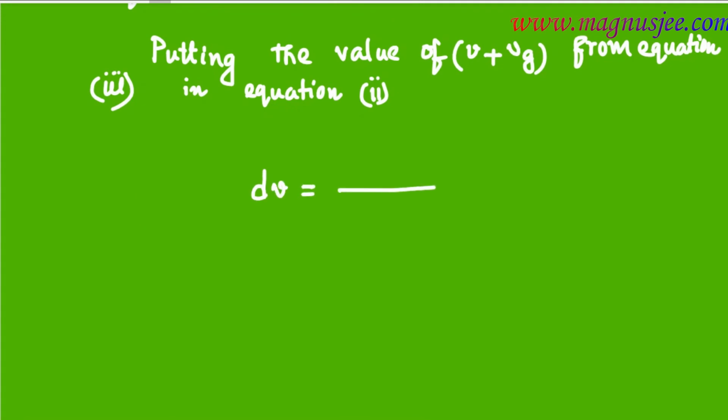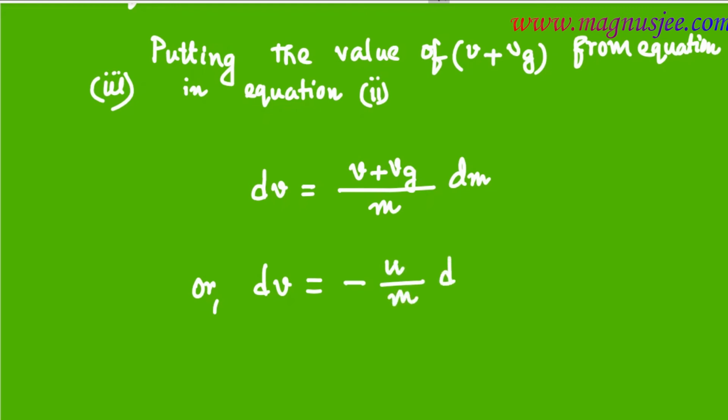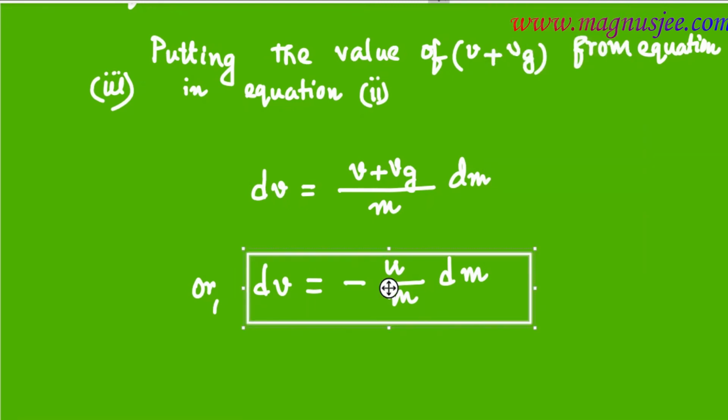So dv equal minus u by m into dm, where u is the relative velocity of exhaust gases with respect to the rocket. This is the corresponding increase in velocity of the rocket due to ejection of exhaust gases.